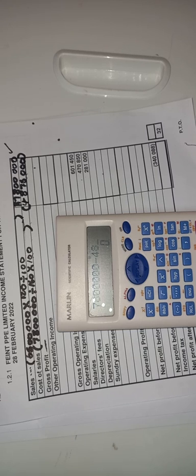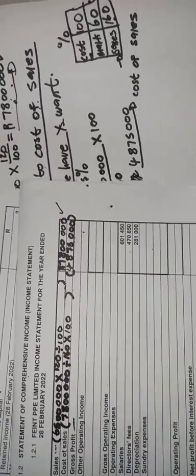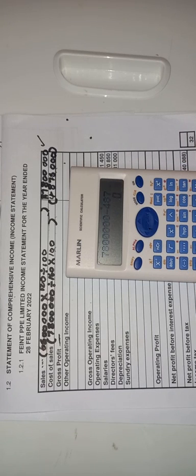So now let's punch sales minus cost of sales. The sales is 7,800,000 minus cost of sales, which is 4,875,000.